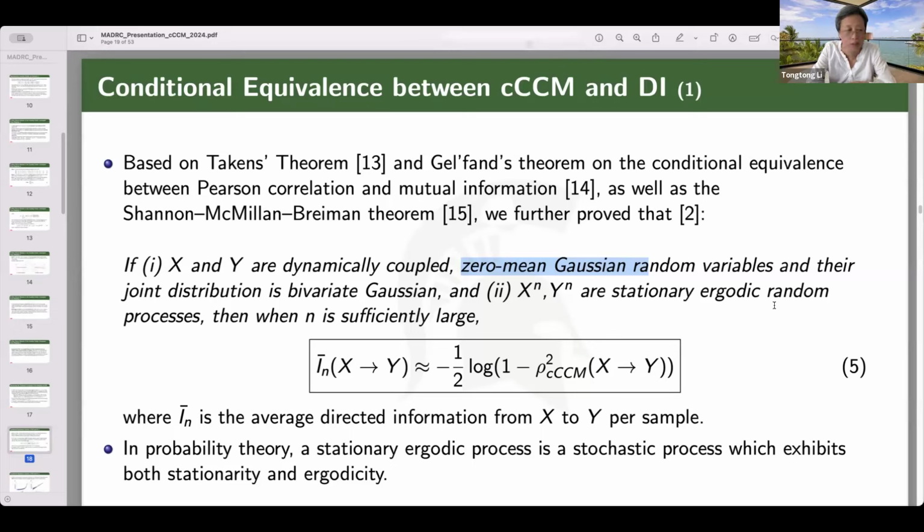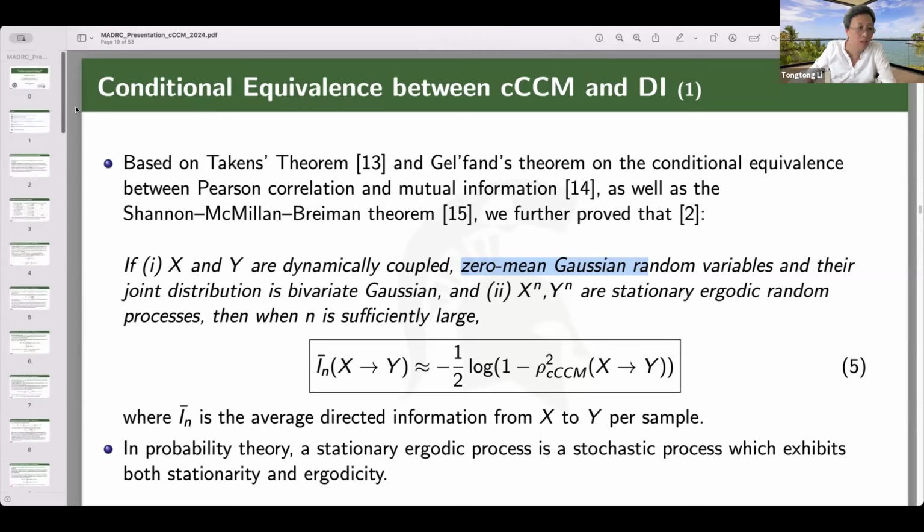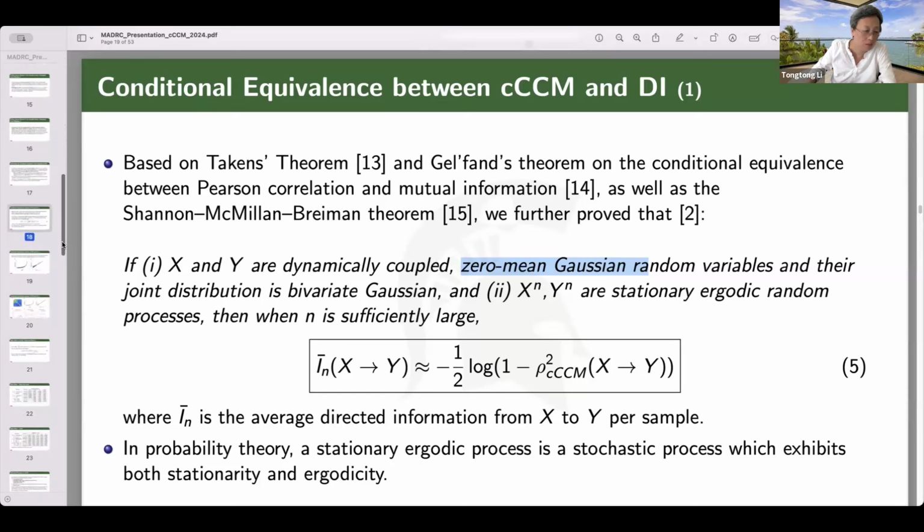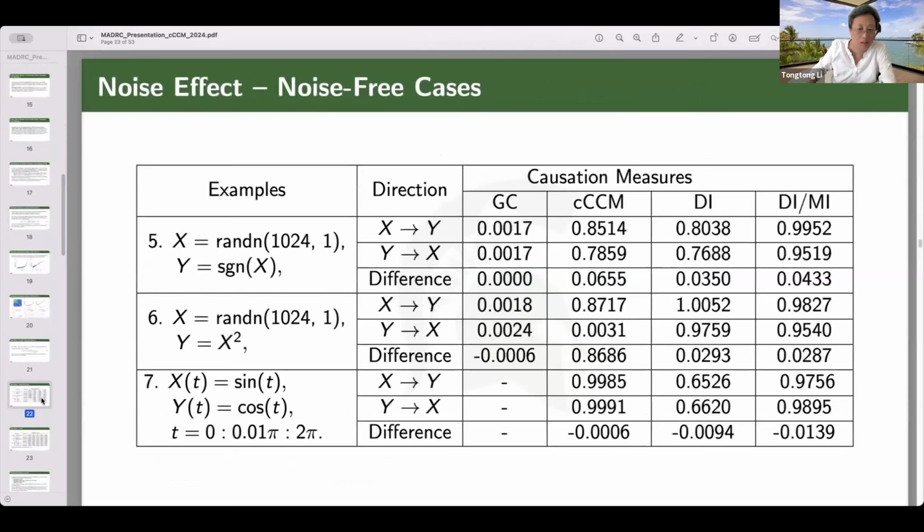If they are not Gaussian, or if the conditions are not satisfied, sometimes they are not equivalent.